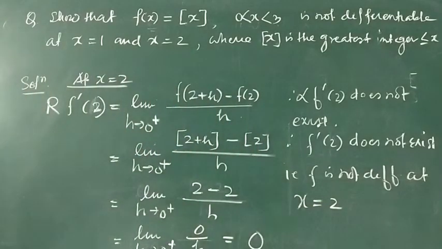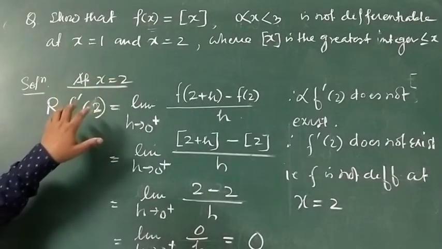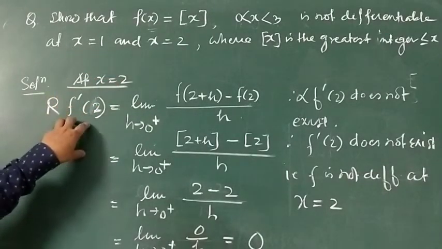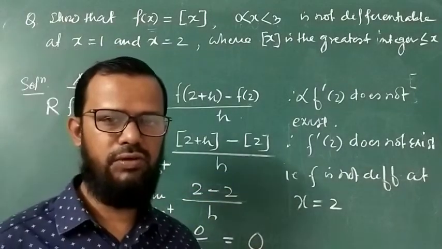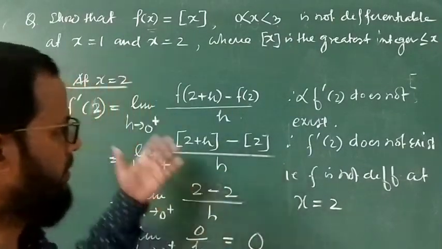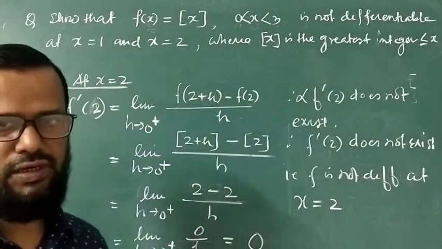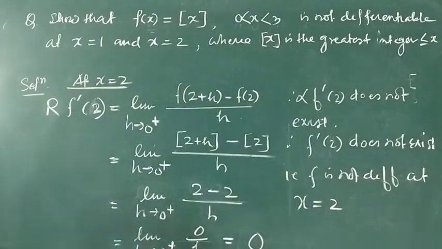Similarly, you can also check for the point x equal to 1: find the left hand derivative, then the right hand derivative, and check whether they exist or not. If they exist, then we check whether they are equal or not, and finally conclude that the function is not differentiable at x equal to 1.